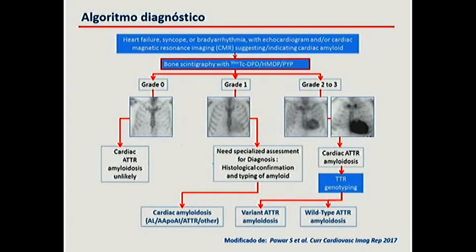If it's 2 or 3, it's pathognomonic, and we can do a genotyping and see the variants, if it's wild type or if it's genetic. And if it's grade 1, then we need to have histological confirmation and typing of the amyloid.